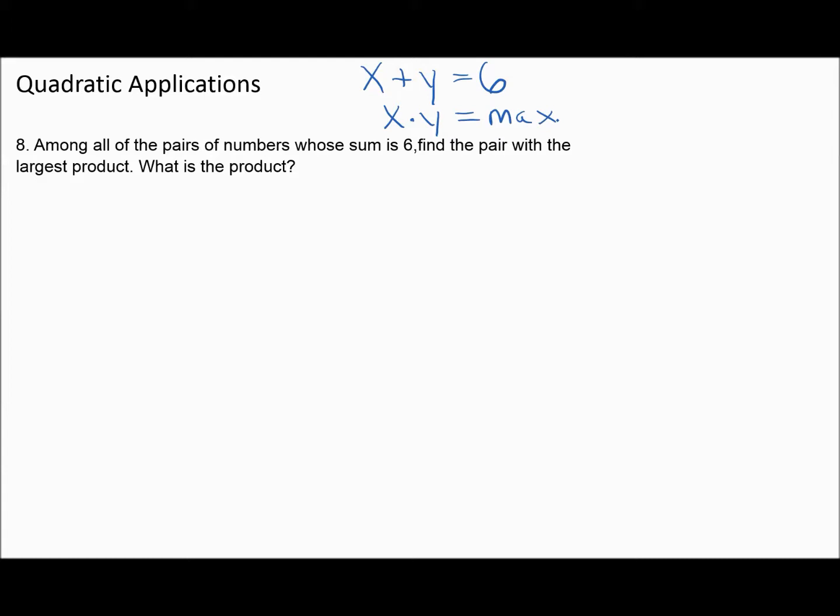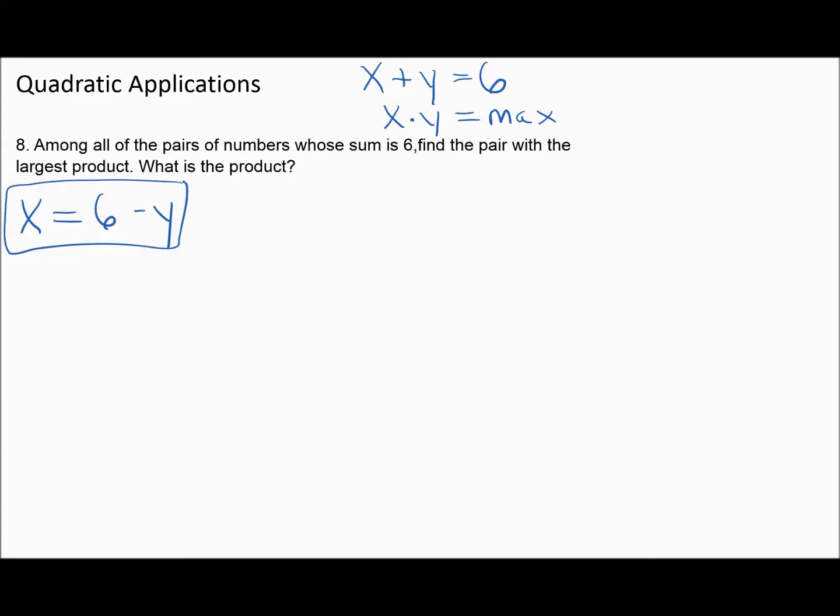Now the process is the same, y'all. So my constraint equation is that top one. I've got to solve for x or y, and then I just plug it in to the next one. So I'm going to solve the top one for x. I'm going to subtract the y over. So I know x is equal to 6 minus y. In other words, I just got the x by itself by subtracting y on both sides. I'm going to rectangle this off so I can find it later.